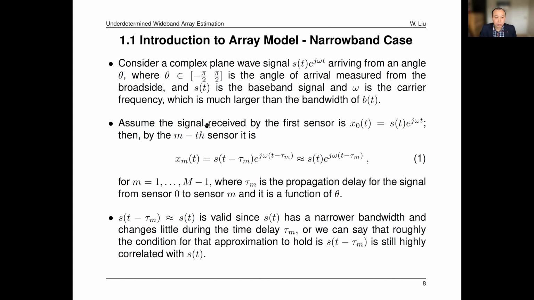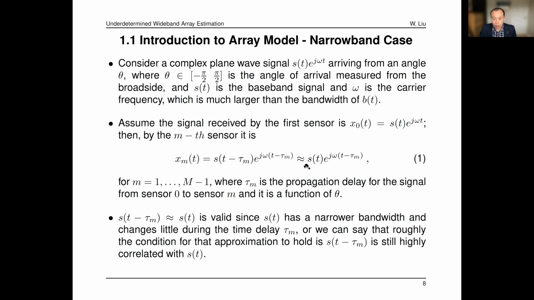Here's s(t). And we assume the signal received by the first sensor is just the signal itself. Basically, we're using sensor 0 as the zero phase reference point. And then for sensor m, the received signal will be delayed by this tau m, right? So this delayed signal, s(t minus tau m), is roughly equal to s(t).